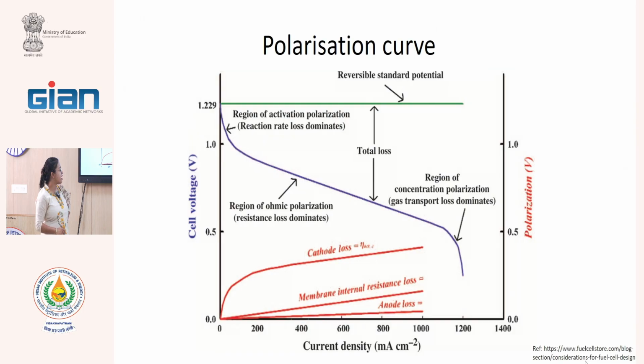This is the total effective graph that we see for a real fuel cell, and the difference between the green line and the purple line gives you the total loss. In this total loss, the cathode reaction rate loss is most of the time more dominant. The membrane internal resistance loss gives you the slope of this straight line. If the slope is very high, our membrane is giving very high resistance to transport.